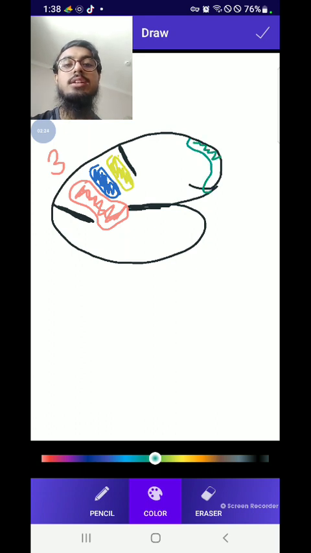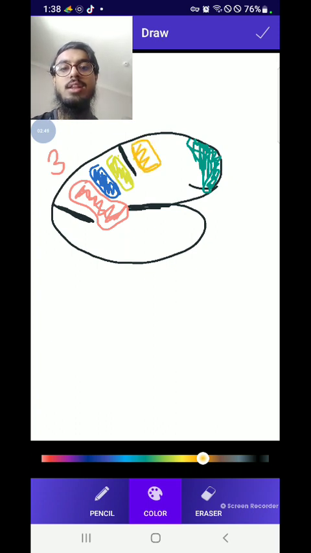One structure is anterior in the frontal lobe. What is the name of this, guys? Please remember the name of this area, which is very anterior in the frontal lobe: the prefrontal cortex. And I have to draw one more area, which is here, anterior to the central sulcus: the motor area.